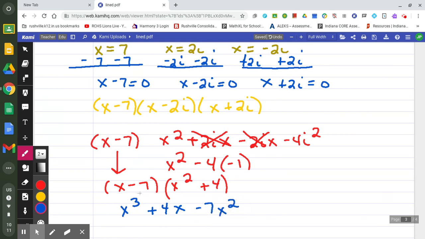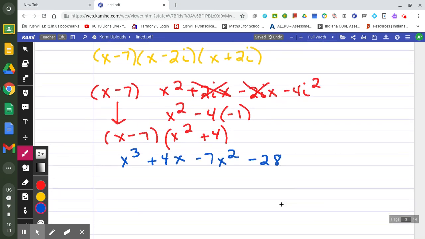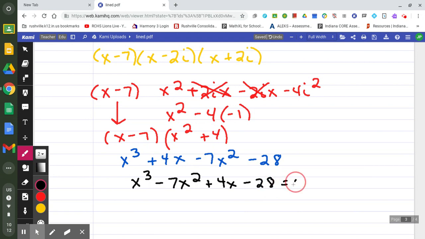And negative 7 times 4, negative 28. And we always want to write in descending order. So our final answer will be x cubed minus 7x squared plus 4x minus 28 equals 0.